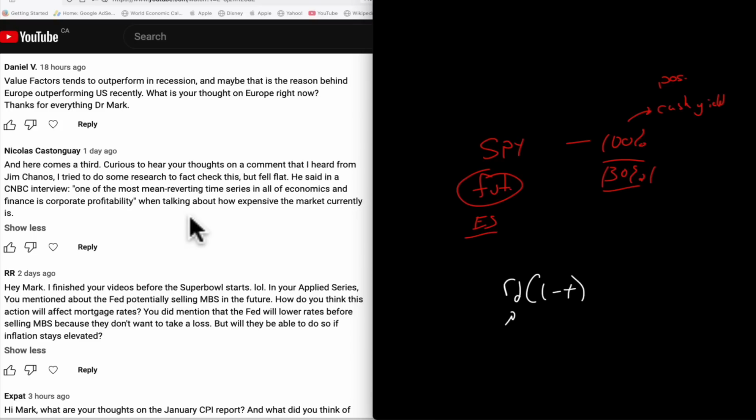It could be that the 6% mean reverting level was pre-China entering the World Trade Organization, and that the new mean reverting level, because of the increase in margins you get by outsourcing everything to China, you're not lowering your price, you're just increasing your margin when you send work to China. The new mean reverting level could be 10%. So that if we're at 11.5, 12, we're not that far above the mean reverting level.